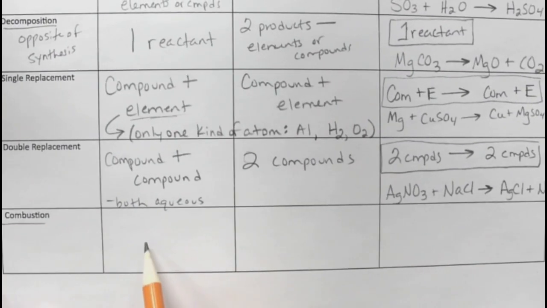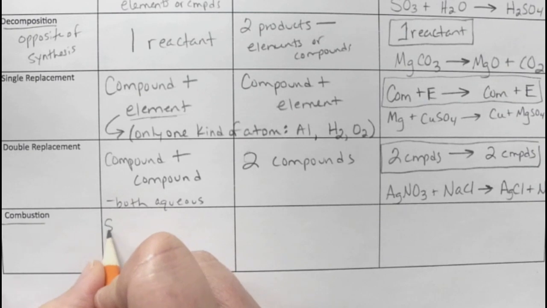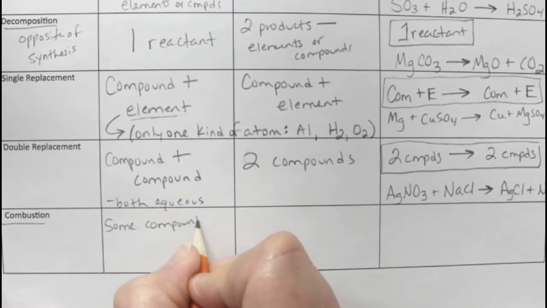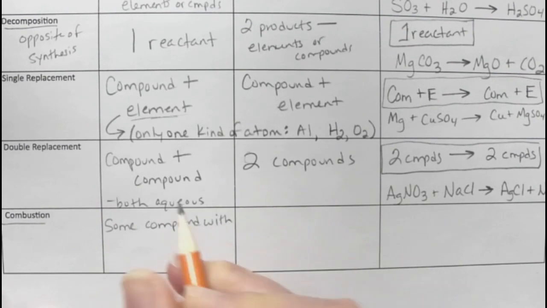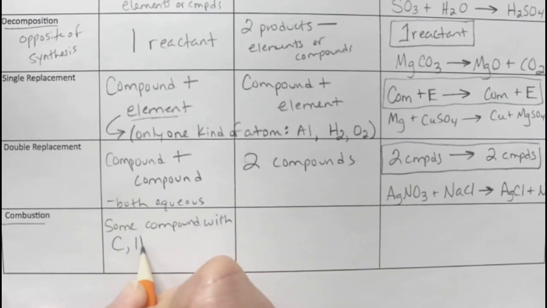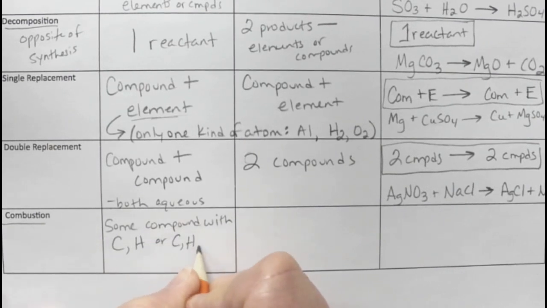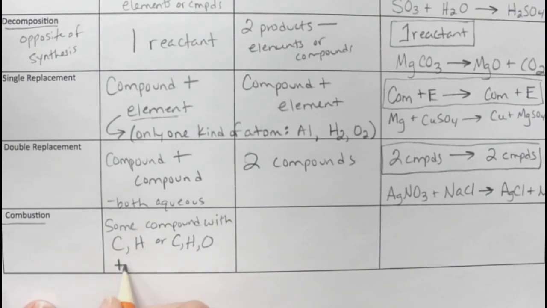So descriptions of the reactants, you're going to have some compound with carbon and hydrogen, or carbon, hydrogen, and oxygen, plus O2, oxygen gas, because you have to have oxygen gas for something to burn.